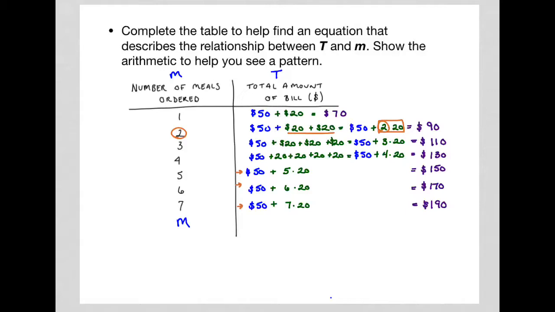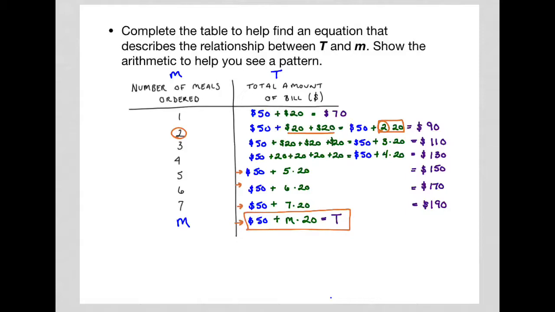When I'm constructing my equation, I could say this could be $50 plus however many meals it's going to be. I don't have a specific number, so I'm just going to use the variable m. We multiply whatever number that is by the $20, and that gives us our total bill. So here is our equation.